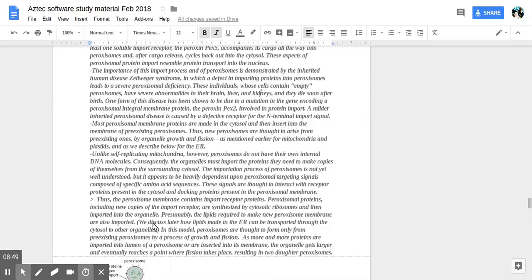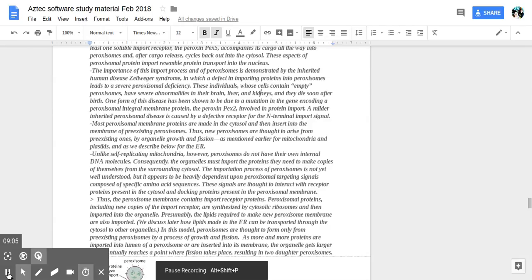Peroxisomal proteins, including new copies of the import receptor, are synthesized by cytosolic ribosomes and imported into the organelle. Presumably, the lipids required to make new peroxisome membrane are also imported. So lipids made in the ER can be transported through the cytosol to the peroxisome and various organelles in the cell.